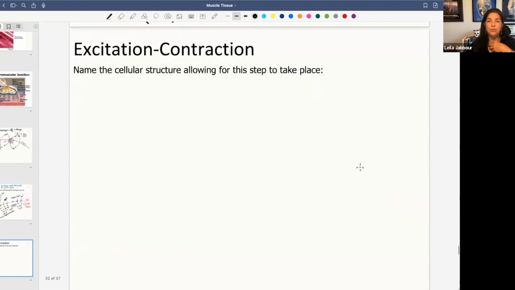So we should add the word coupling here. Phase. And this is the part where you need to take that excitation on the surface of the cell and transfer it down inside to the contractile proteins to let them know that the cell got excited and we need to start moving, right? Moving the filaments so we can shrink the cell and move this structure in question.